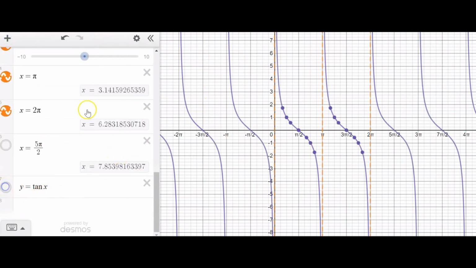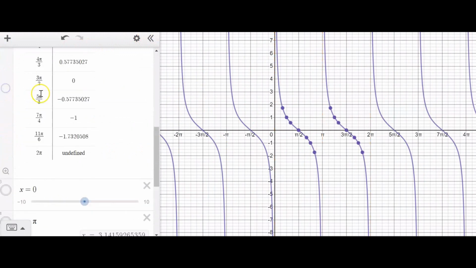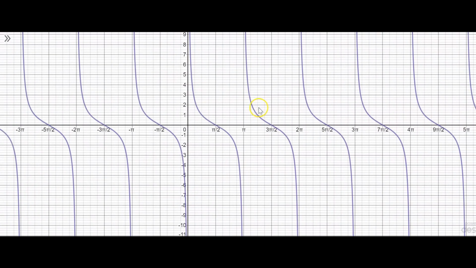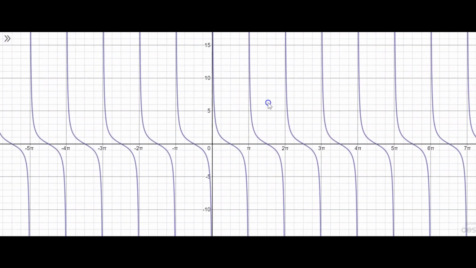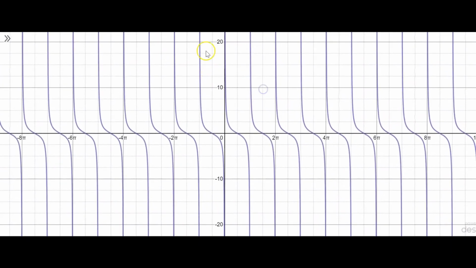So let's go ahead and get rid of tangent here so we can see this again. I'm going to get rid of the vertical asymptotes. I'm going to get rid of the dots so that we can see just the graph of cotangent. And you can see the graph of cotangent goes from negative infinity to positive infinity over and over and over again.